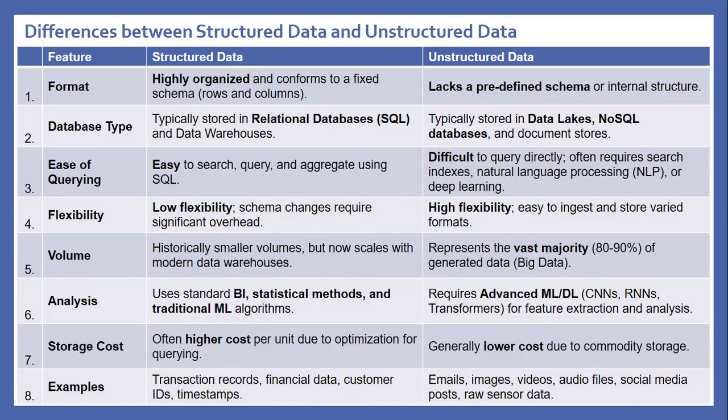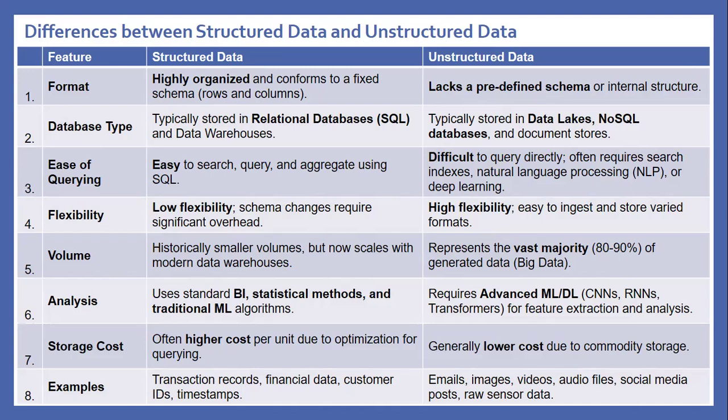Unstructured data is typically stored in data lakes, NoSQL databases, and document stores. Ease of querying: structured data is easy to search, query and aggregate using SQL. Unstructured data is difficult to query directly, often requiring search indexes, natural language processing or deep learning.